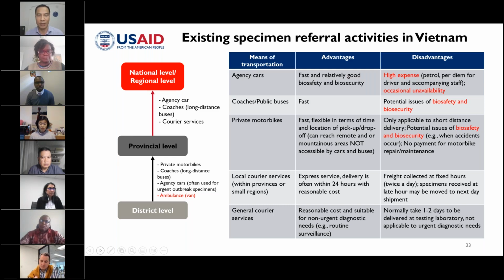And of course, there are some courier companies providing service. They can transport specimens. However, they often don't treat the specimen as a special service, but as general goods. Next slide.